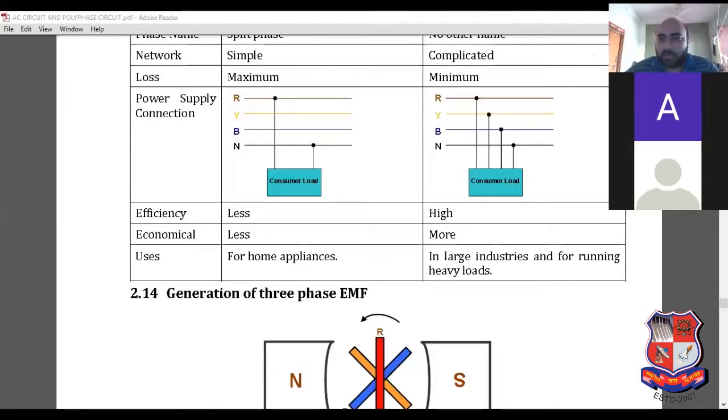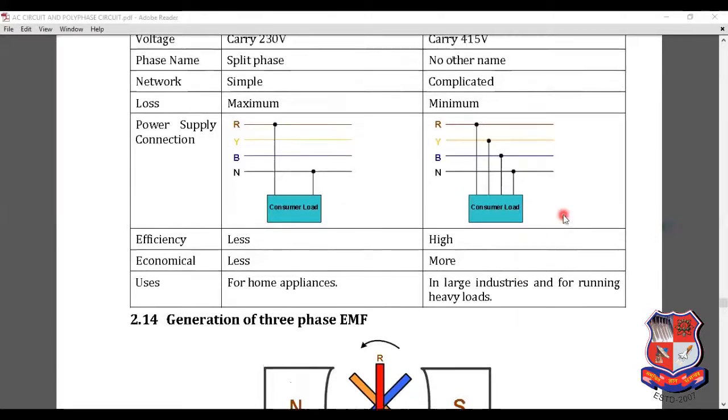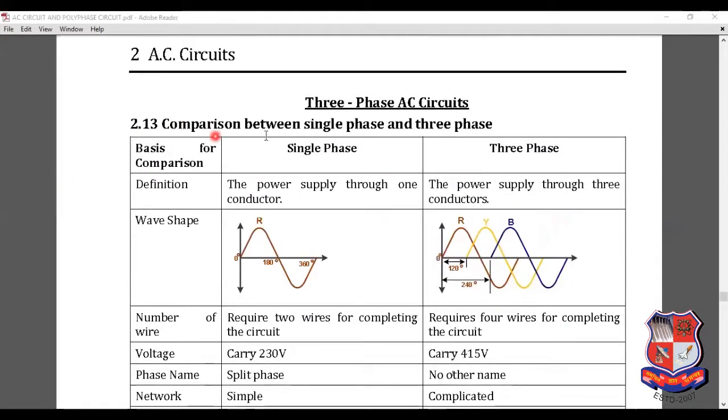This material I have already mailed to you 3 to 4 days ago, most probably on Sunday. So please go through it, and if not, then I will send it to you again. There is no issue. I hope this is the most important question, the comparison between a single phase and three phase circuit. Clear?